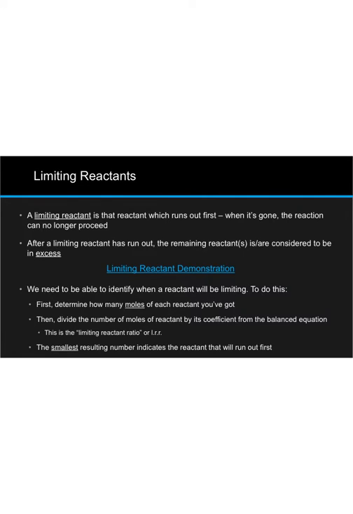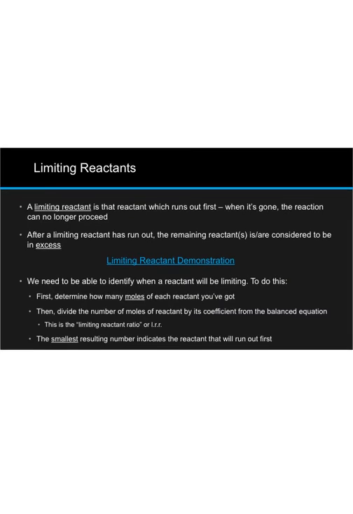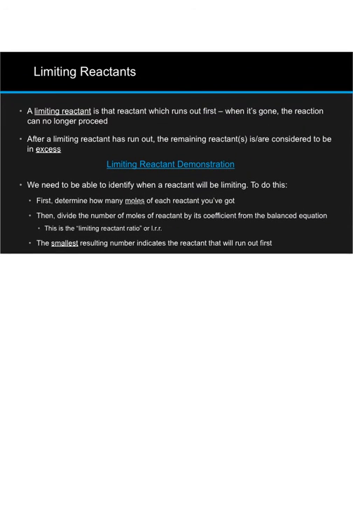We can mathematically validate that assumption by calculating what I'll call a limiting reactant ratio. A limiting reactant ratio, this quantity LRR for short, is equal to the number of moles of a reactant divided by its stoichiometric coefficient.